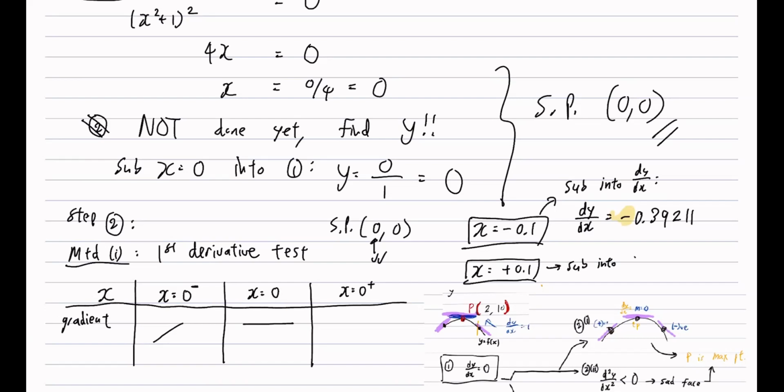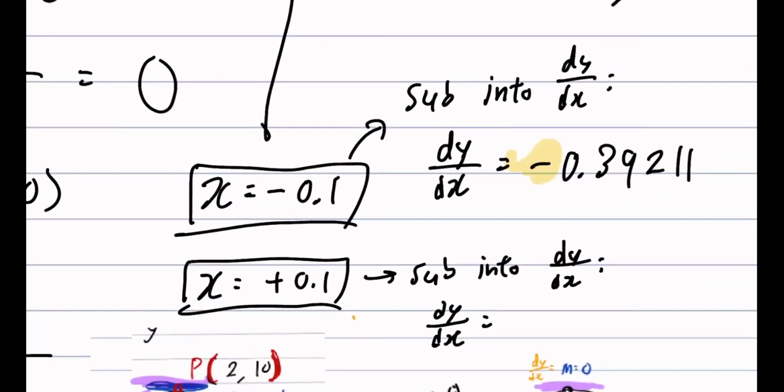Let's just record it down since this is the first time you're seeing this. dy by dx equals, record the value. What is the value? 4x over x squared plus 1, bracket squared.